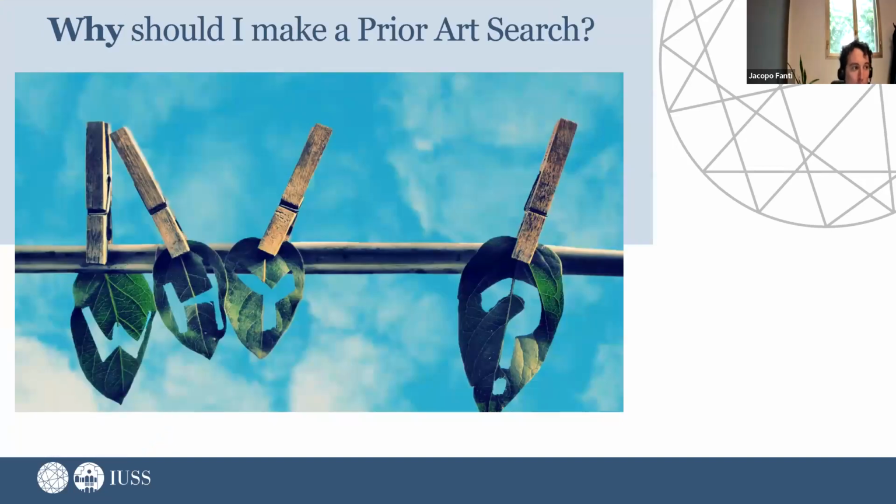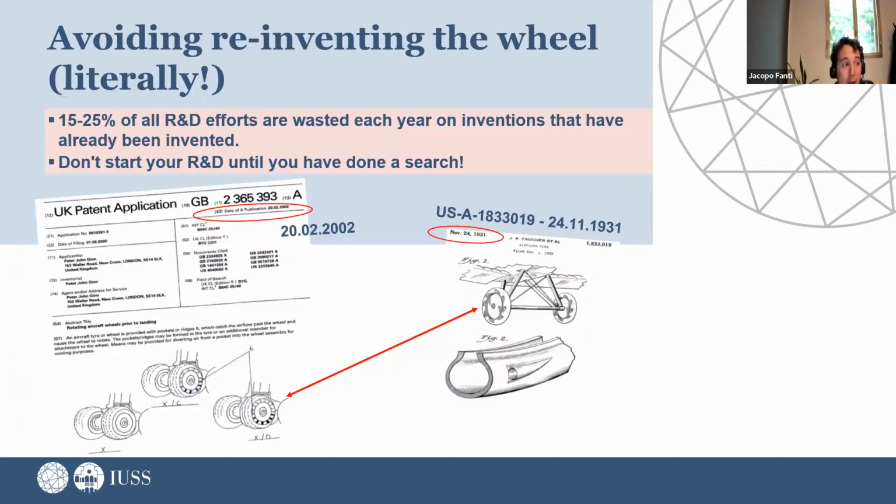But let's talk about why I should make a prior art search. So we saw what the main features of a patent application are, but still we need to understand whether we should make a prior art search, why we need to investigate the patents already available. Well, because we need to avoid reinventing the wheel, basically.